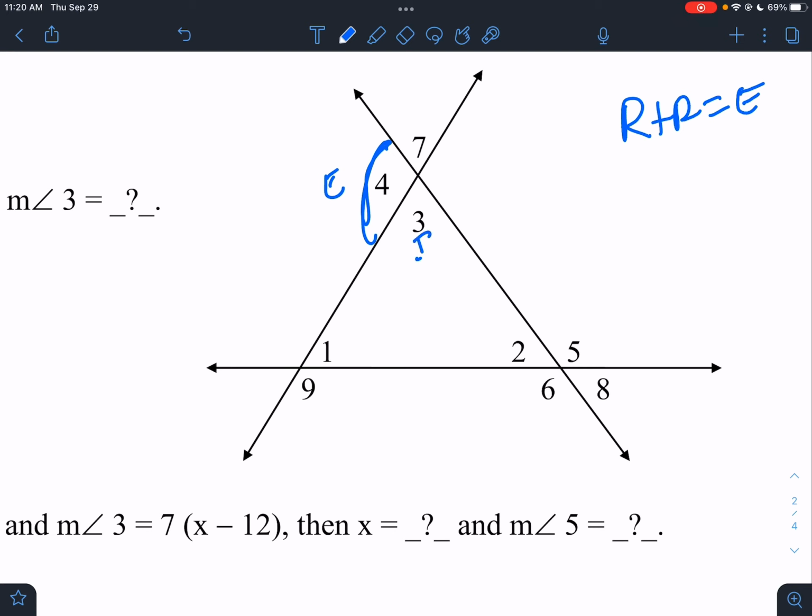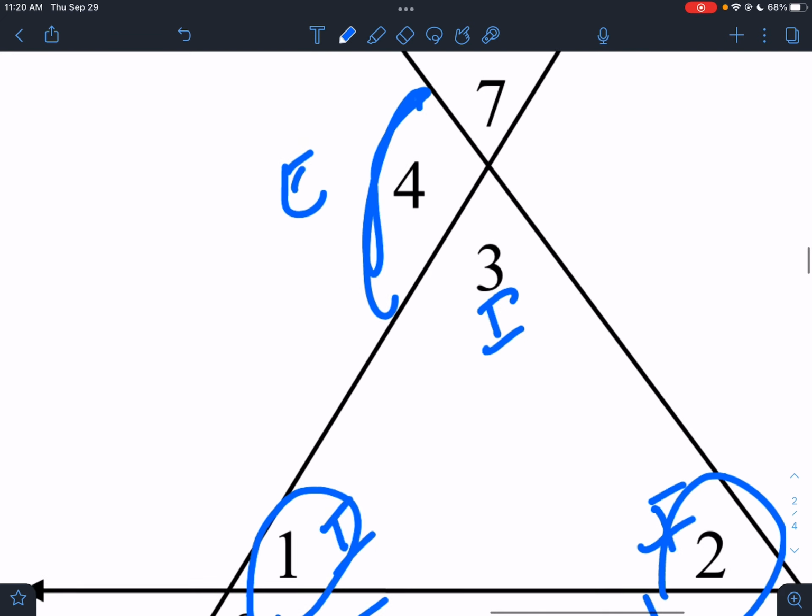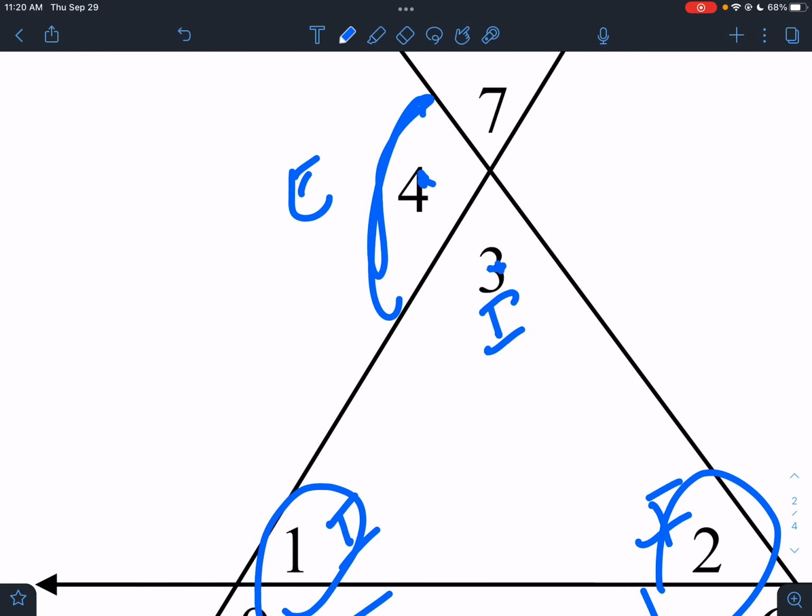We have 1, 2, 3 interior angles. Which ones are the remote interior? Remember, R means remote interior. Which ones are the remote interior angles? It's 1 and 2. 3 and 4 are adjacent. You can't be remote and adjacent. Remote means not touching. Adjacent means touching.